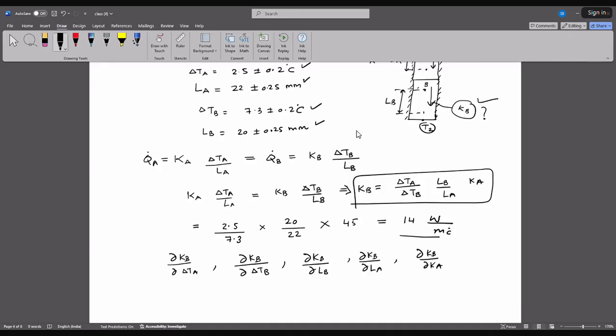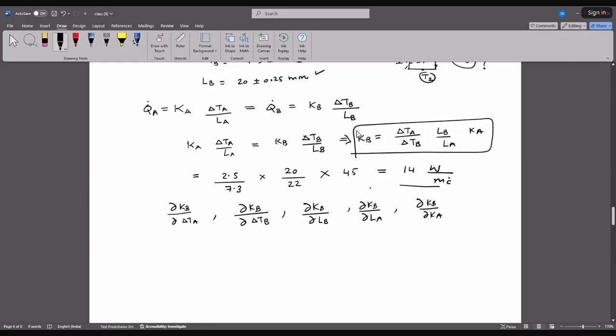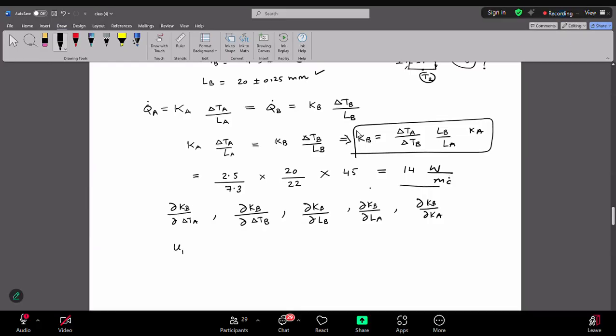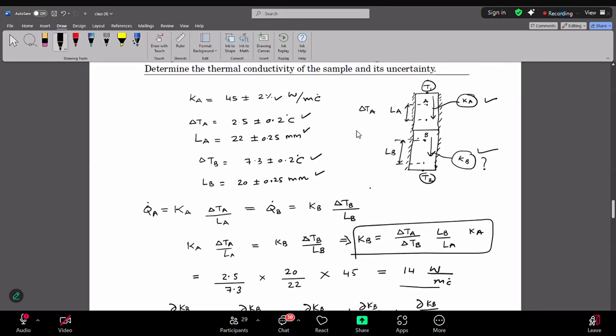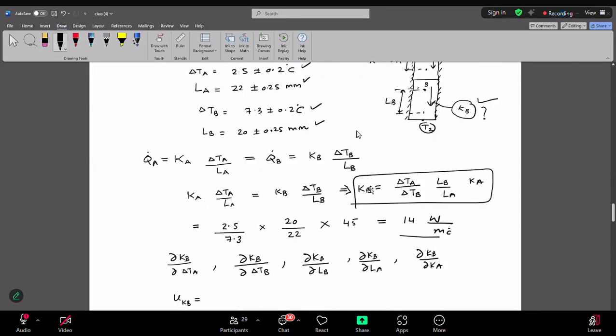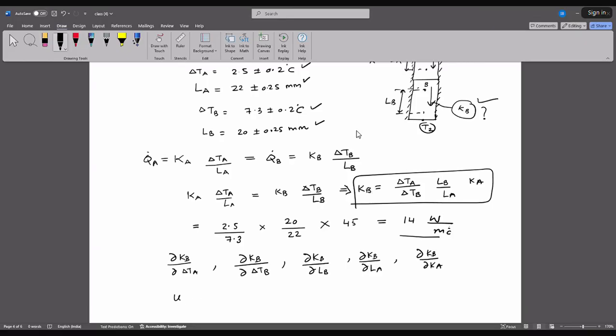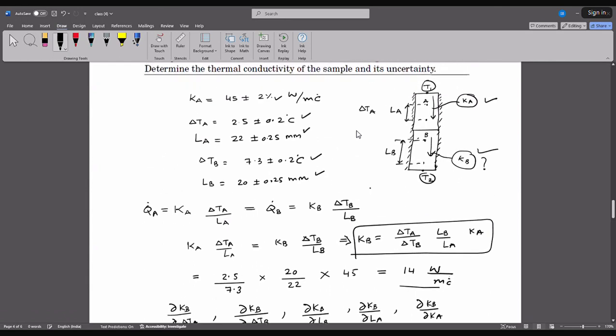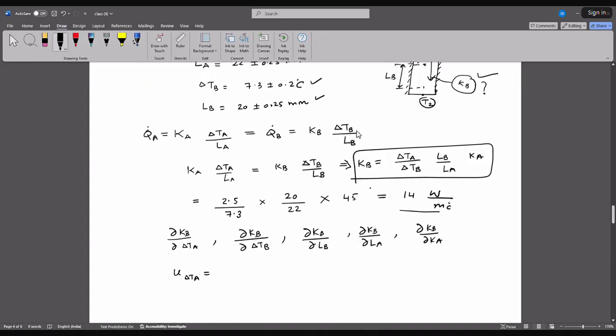Evaluate each one of these, and for each you have the uncertainty. Sorry, U delta Ta, not Kb, is something that we want to determine. U delta Ta is 0.2 degrees centigrade. Similarly, U delta Tb is 0.2 degrees centigrade.